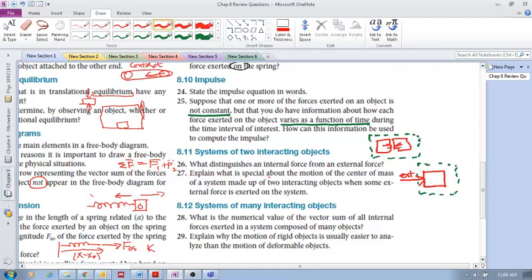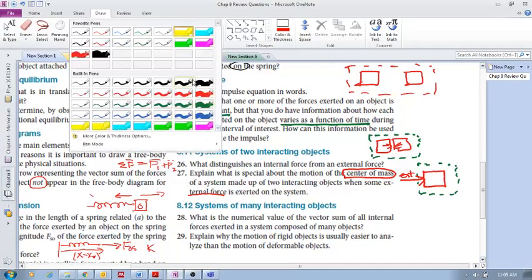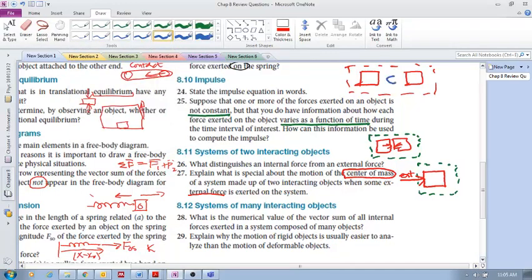27, explain what is special about the motion of the center of mass of a system made up of two interacting objects when some external force is exerted on the system. Remember, for every system of objects, even if it's a single object or multiple objects, every system has a center of mass somewhere.